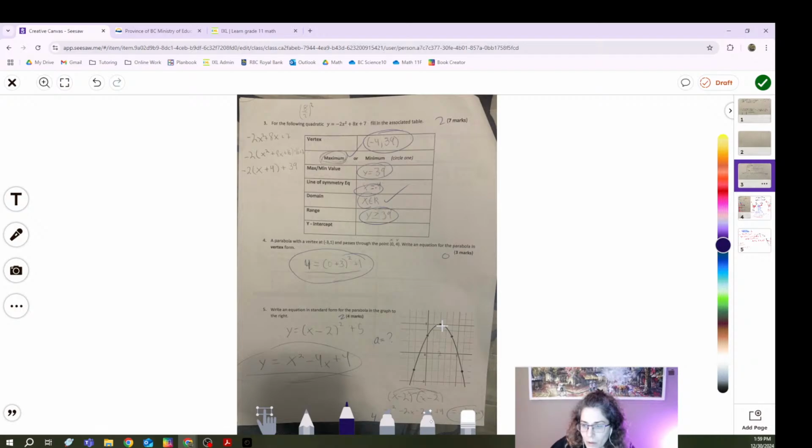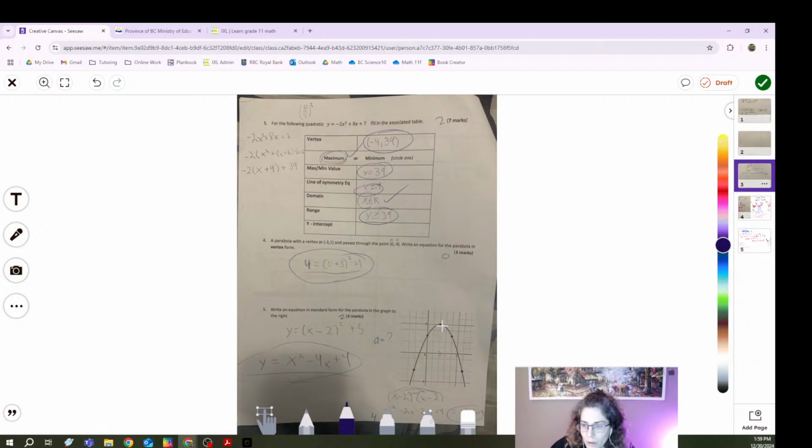So I think all you would have had to do then is remember there's an a in this formula out front of this bracket. So substitute in the y value of minus 3, substitute in the x value of minus 2, and solve the equation. What is minus 2 more, and then squared? Okay, so 16a plus 5.